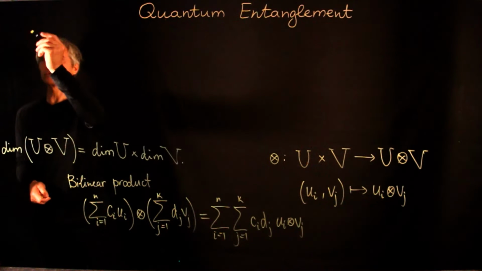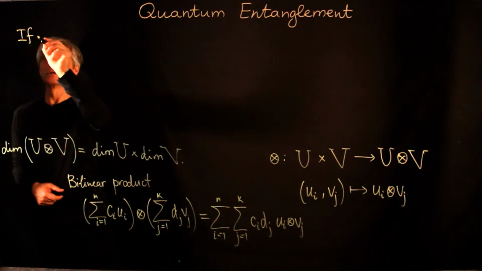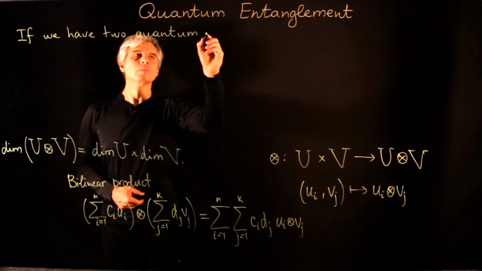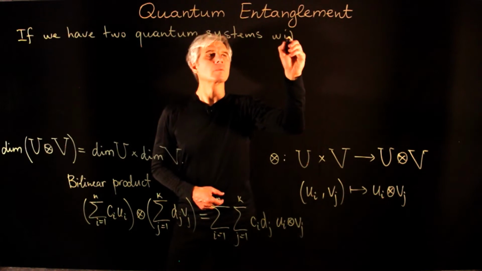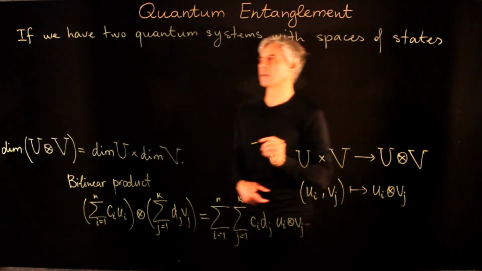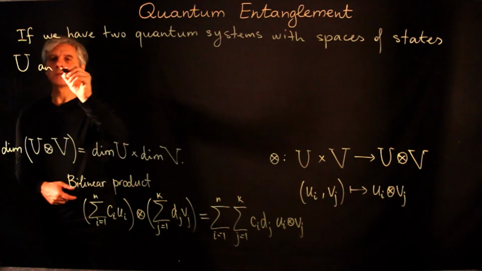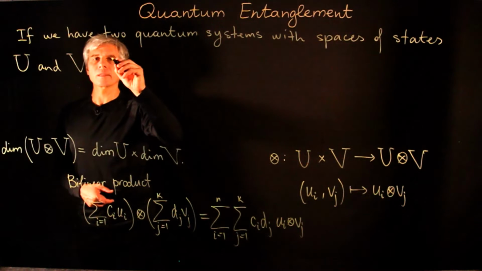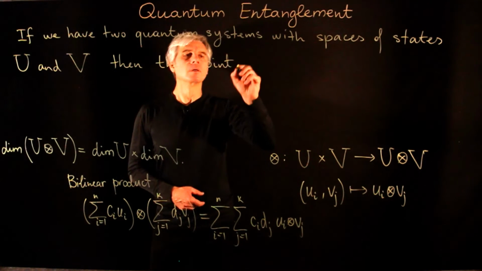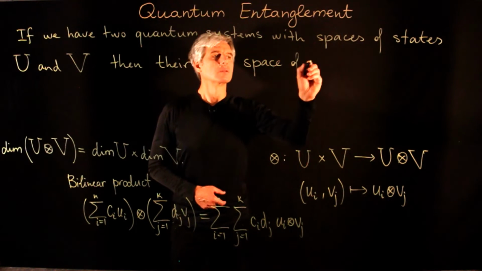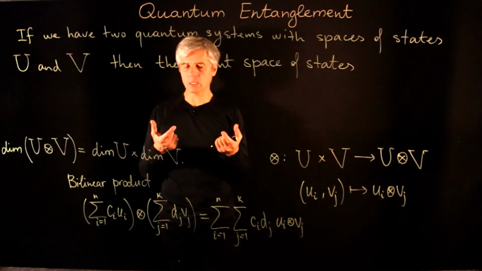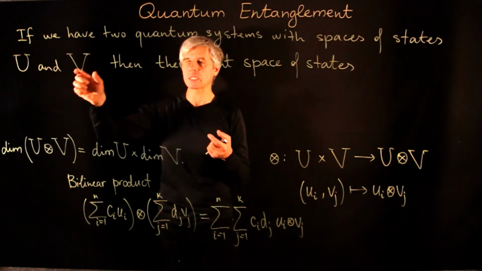So if we have two quantum systems with spaces of states U and V, then their joint space of states, where we want to consider these two systems simultaneously as one system, will become two parts of one quantum system.